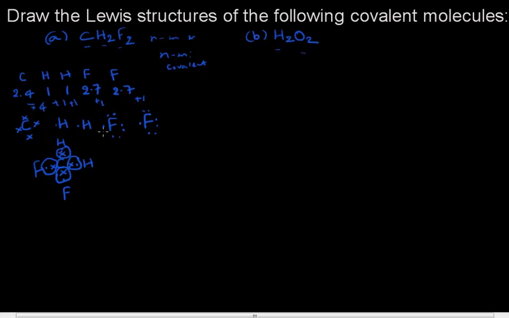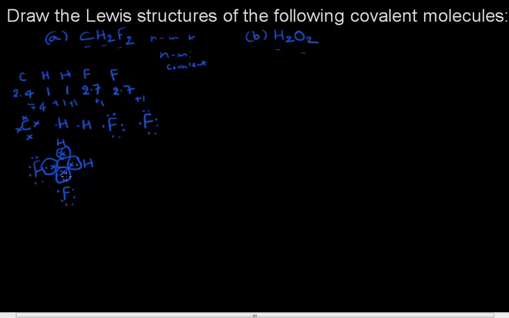So since fluorine has used 1 out of 7 for sharing, it now has 6 valence electrons remaining. And this fluorine also had 7, it gave 1 for sharing, so it now has 6 valence electrons. So as a result, the hydrogen has 2, carbon has 8, and fluorine also has 8 electrons.